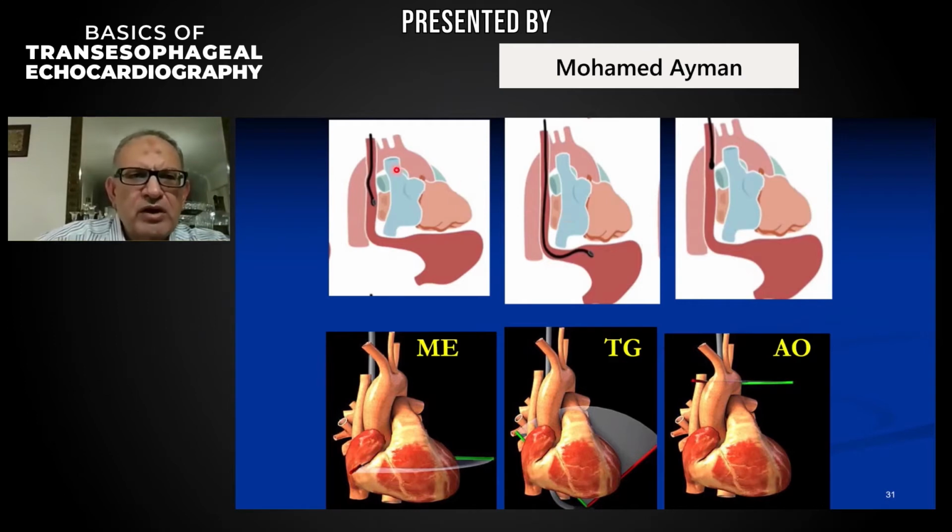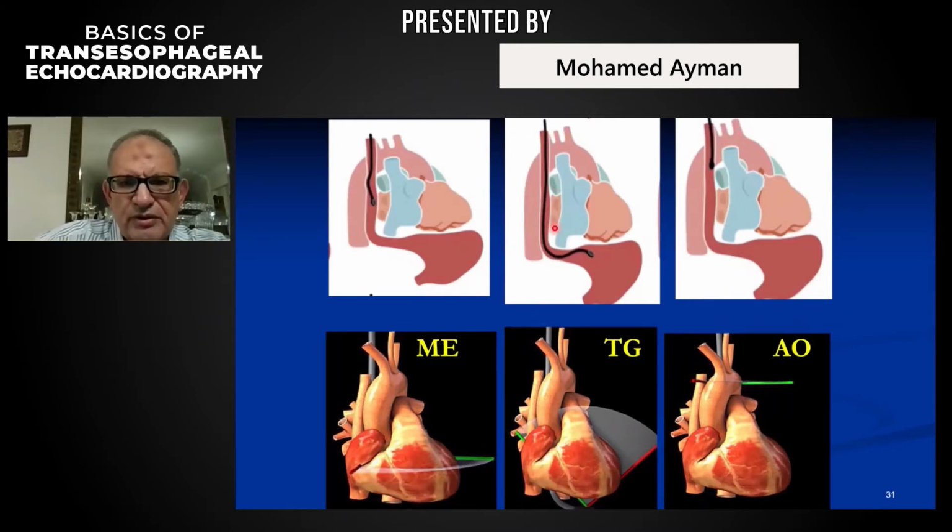So if you are going to put your probe just in the middle of the esophagus at about 35 centimeters, we call this the mid-esophageal, and the ultrasound beam cuts the heart like this.